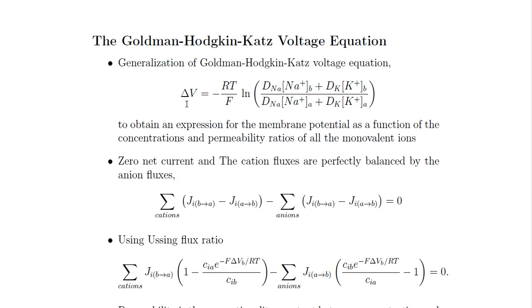So this is the Goldman GHK voltage equation: delta V equals minus RT over F ln of the sum of the Na and K terms.